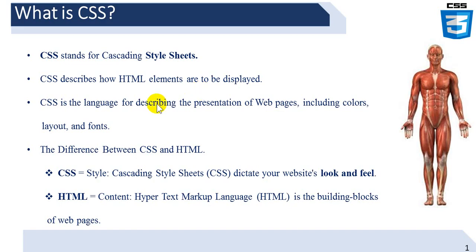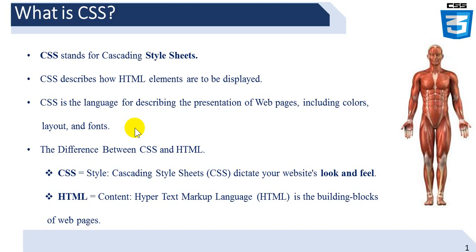CSS is the language for describing the presentation of web pages, including colors, layouts, and fonts. To present the HTML, we use CSS, guys, and it's a very awesome technology with the help of which you can design web pages.